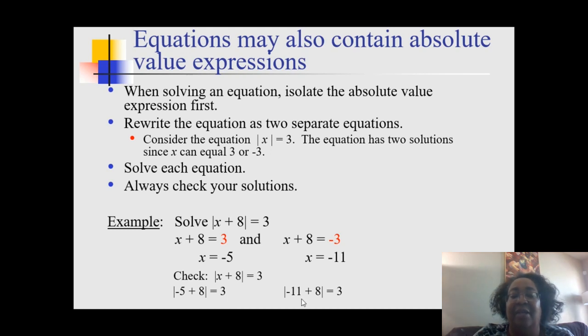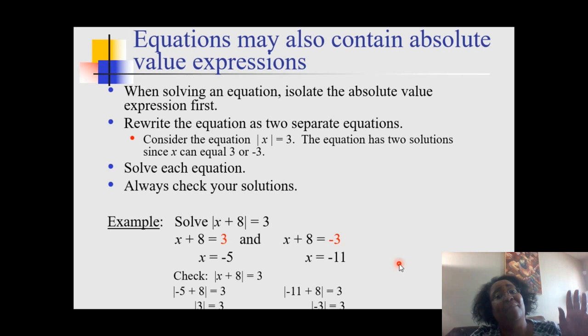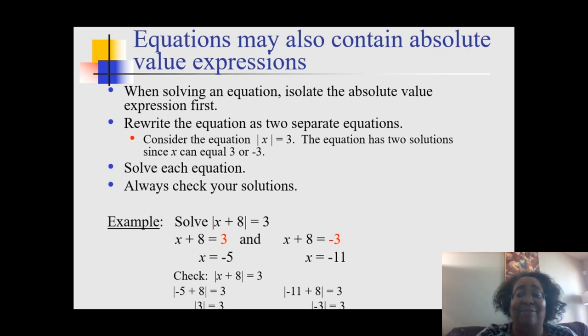And in this one, when I substitute negative 11 for x and add that to 8, I'm going to get negative 3 inside, and then negative 3's absolute value is also 3. So as long as you get 3 for the answer, you're good. So you can check those off. And it's always a good idea to check your answers to make sure that you're doing it right. You don't have to ask, am I right? You can figure it out yourself, okay?